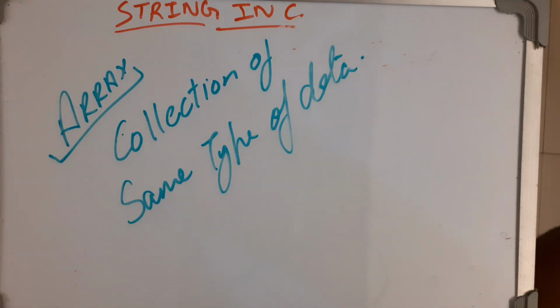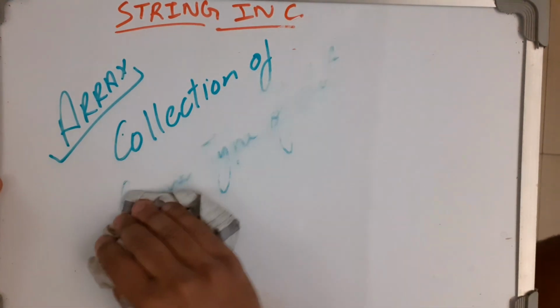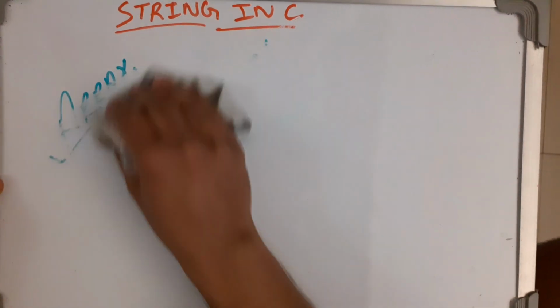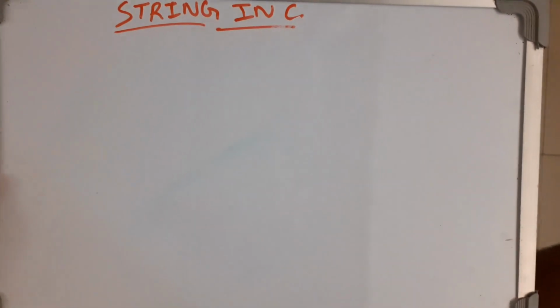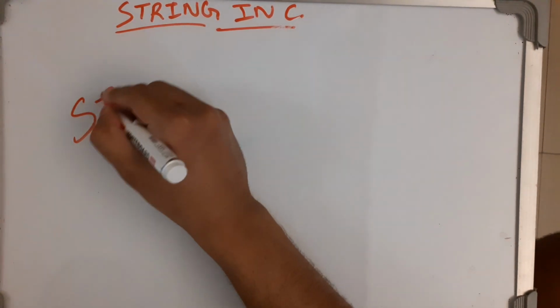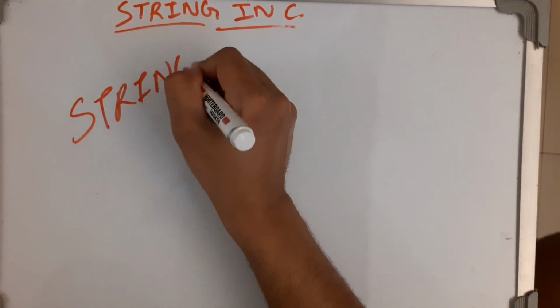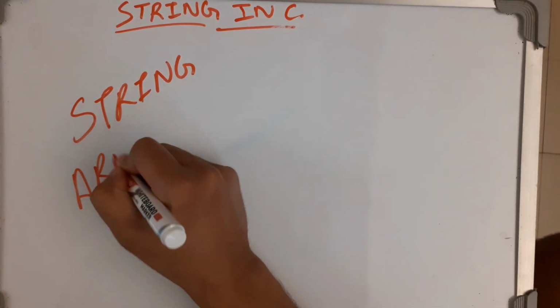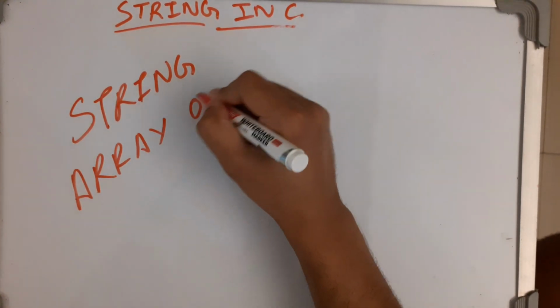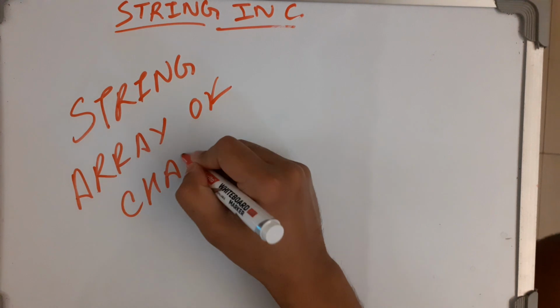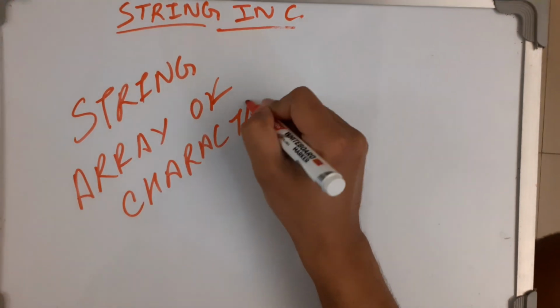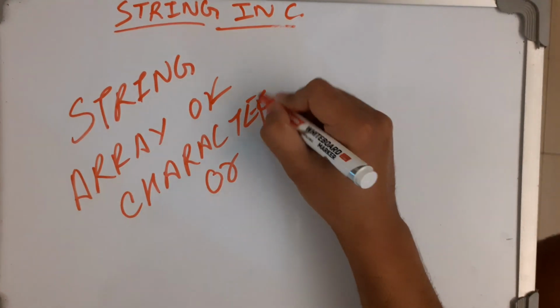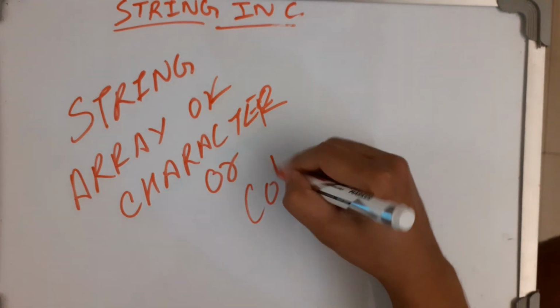Now what we have to understand is, what is a string? String is a collection of characters, or you can say an array of characters. First we will learn about string: array of character, or you can say collection of character.